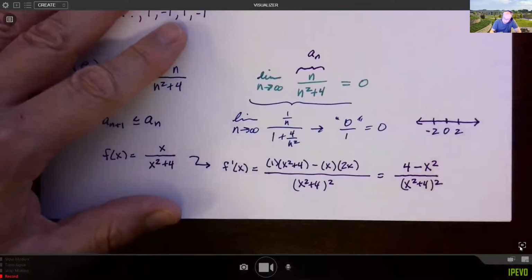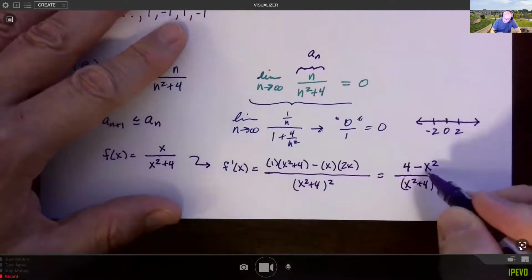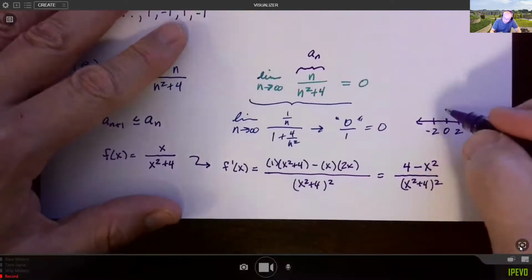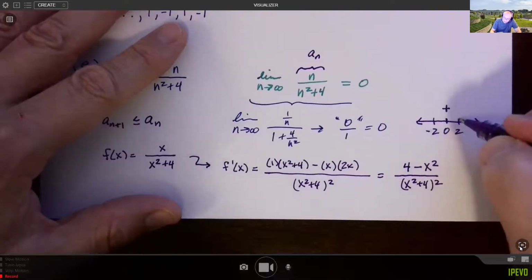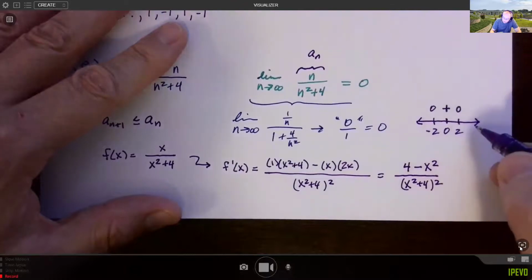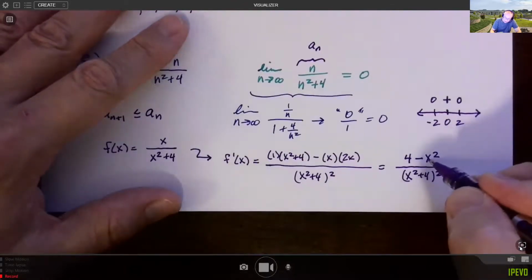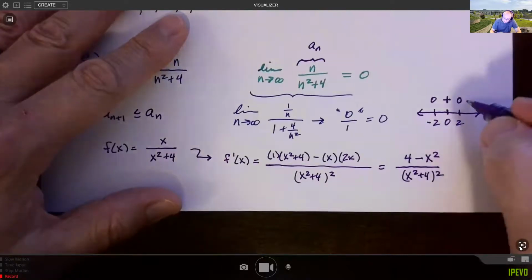But any value in between -2 and 2, if I plug into 4 minus x squared, I'm going to get a positive value. Any value greater than 2, if I plug in a value like 3, 4 minus 3 squared, 4 minus 9 is -5, right? So the top is negative, the bottom is always positive, so overall it's going to be negative.